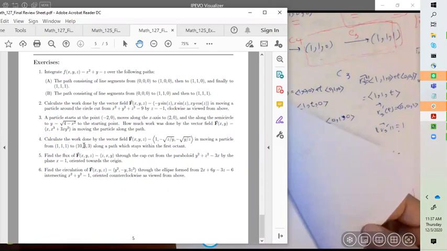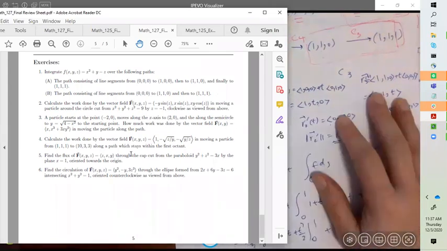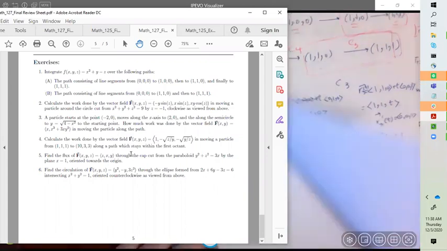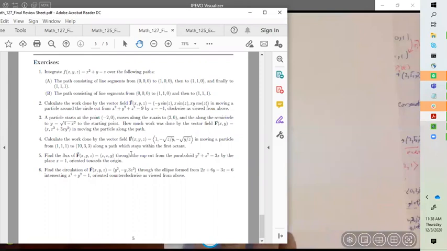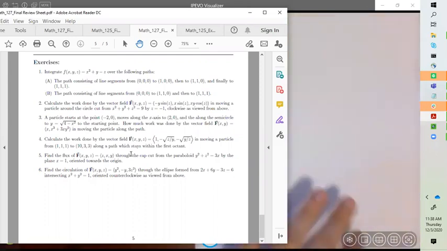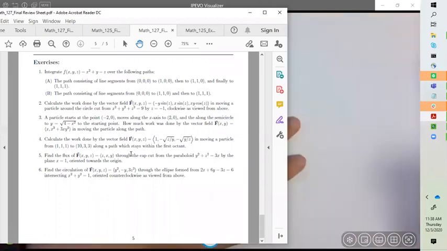Calculate the work done by the vector field in moving a particle from this point to that point along a path which stays within the first octant. Do you know why this is happening? Do you remember when I talked about conservative fields, there were two things that you had to check for conservative fields.